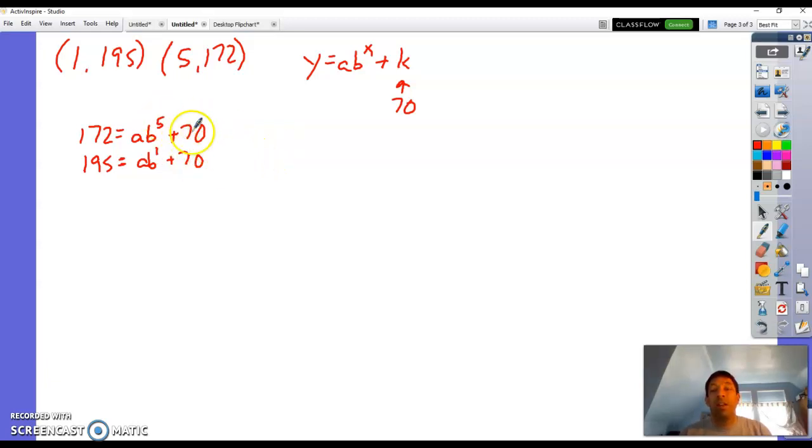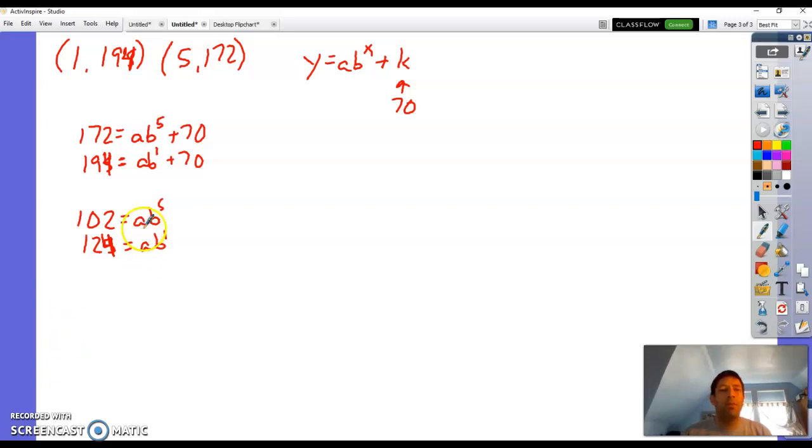Now this time I've got this 70 here, so the first thing I have to do is move that 70 over on each equation. So subtract 70 from each side, and I get 102 equals AB to the 5th, and 125, this was 194 degrees, so 124 equals AB to the 1st.